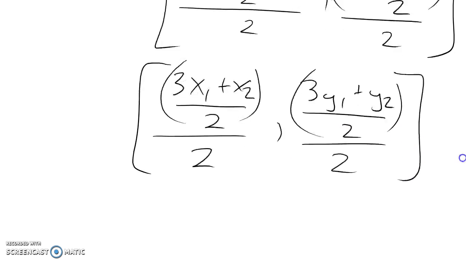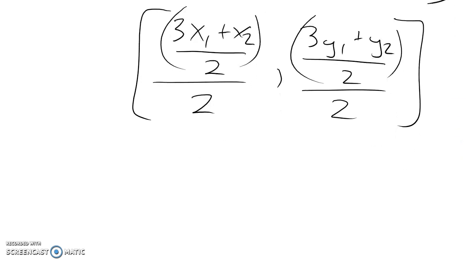Now if you remember back to dealing with compound fractions, or more specifically division with fractions, dividing by a fraction is the same thing as multiplying by the reciprocal. In this case the denominator is 2, and the reciprocal of 2 is 1 over 2. So I have (3x1 plus x2) over 2, which was the numerator, and I'm going to multiply by the reciprocal of 2, which is just 1 over 2.